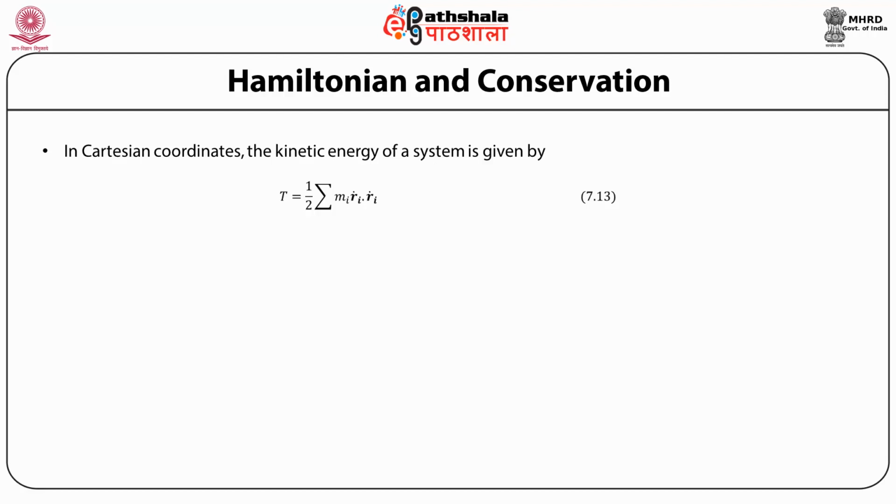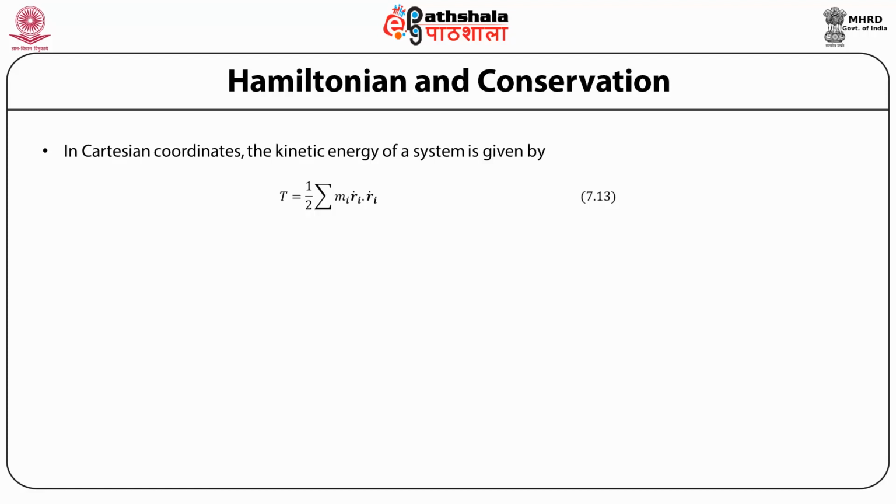A particle of mass m_i has a velocity v_i, its kinetic energy is half m_i v_i squared. If the system consists of n particles, then the total kinetic energy in Cartesian coordinates is simply given by half m_i v_i squared, and v_i squared can be written as r_i dot squared, where r_i dot is dr_i by dt, which is the velocity.